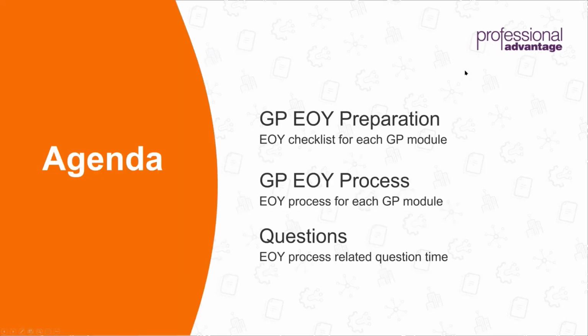Just to start with, this webinar is going to cover the following sessions. First of all, we're going to talk about the preparation work. What do we need to do before we start the end of year process in GP? And we're also going to explain what actually happens as part of the GP year-end process, module by module.